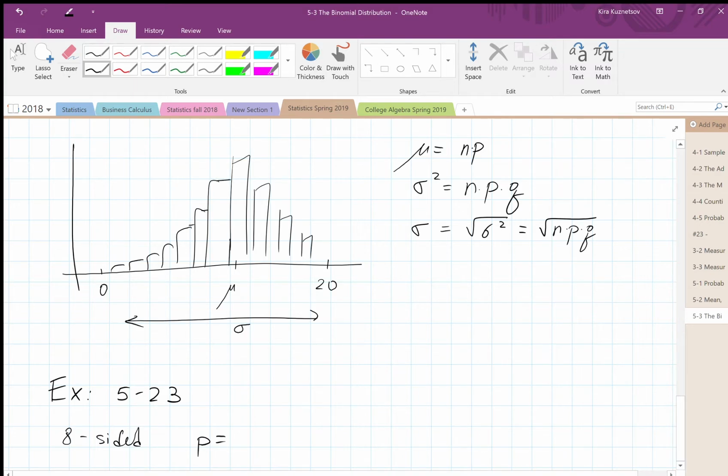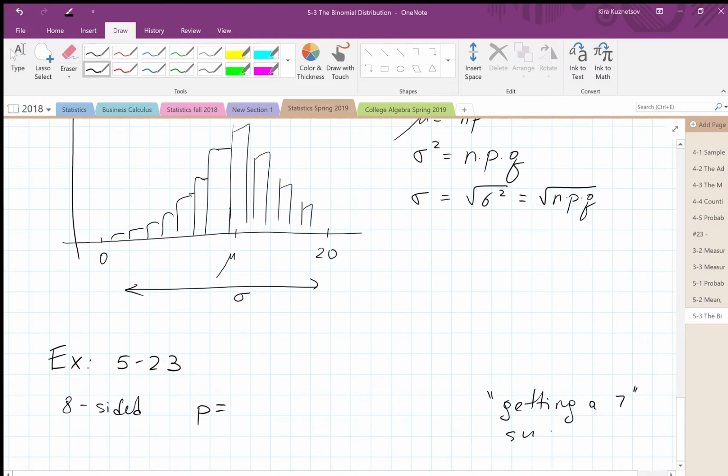So if I'm rolling an 8-sided die, I'm interested in getting a 7. Getting a 7, that's my success. So the probability of getting a 7 is 1 out of 8. That means the q is 7 out of 8, if we ever need it.